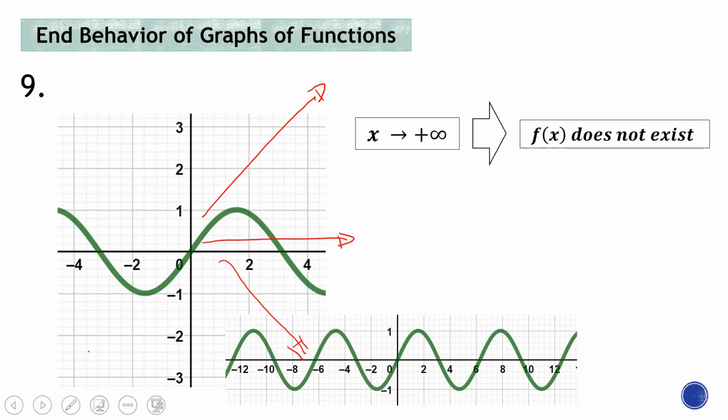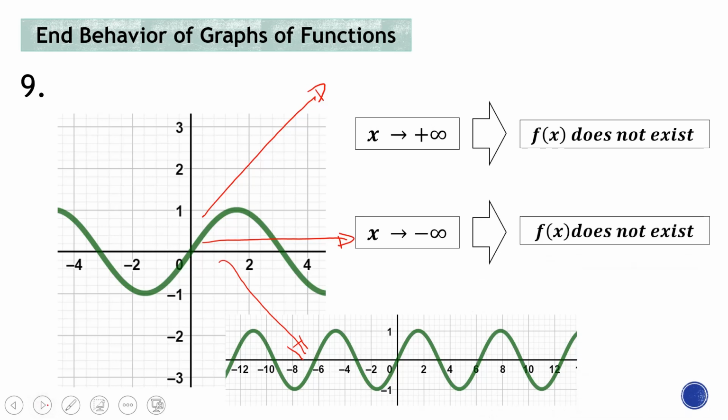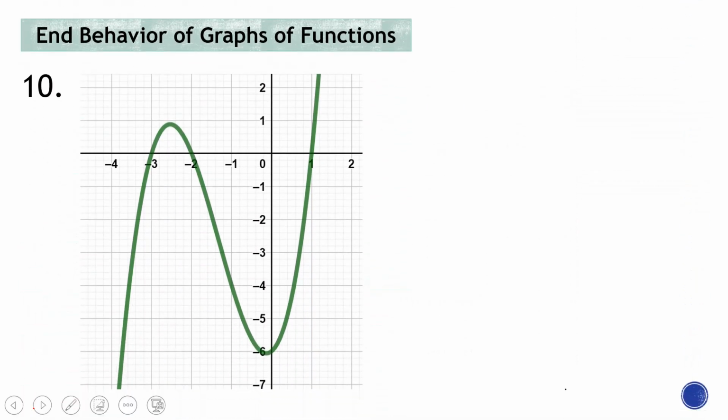Similarly, on the left side of the graph, as x is approaching negative infinity, the f of x also does not exist. So think about that. That's another possibility. Okay, let's go to the last example here. End behavior of the graph. So as x is approaching positive infinity, look at the right side of the graph. Where is that going?